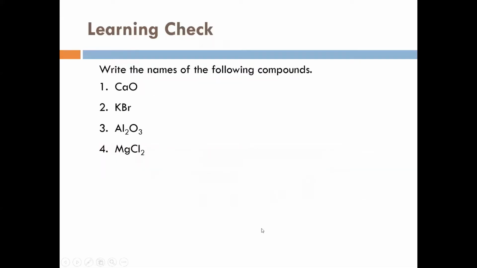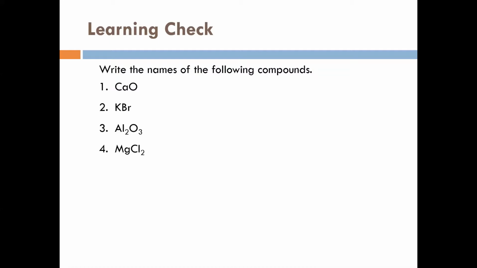So let's name the following compounds. CaO. Ca is calcium, O is oxygen. So this becomes calcium oxide. KBr. K is potassium, Br is bromine. So this becomes potassium bromide.